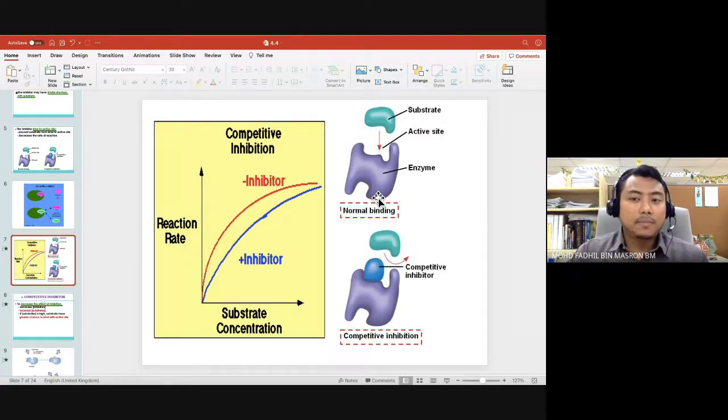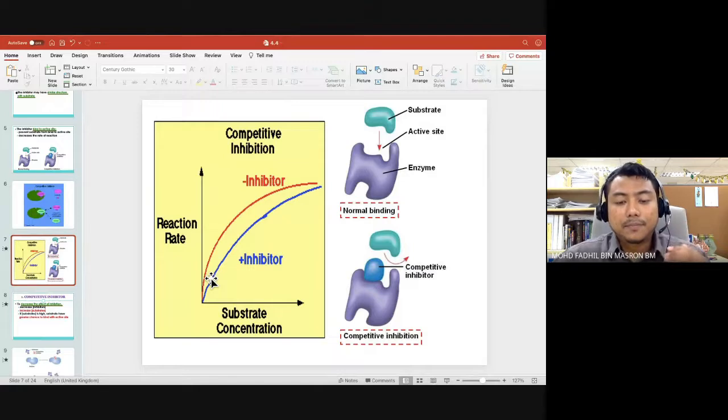Tetapi when I add 10 molecules of inhibitor, enzim ni bila dia bind, mungkin dia akan bind 50-50 chance antara substrate dengan inhibitor tu tadi, sebab ada jumlah yang sama kan. So pendek ceritanya, ada masa enzim tu sedang bind dengan inhibitor, substrate tak boleh nak bind. So sebab tu rate of reactionnya slow. Sepatutnya dalam 1 jam hasil 10 produk, tapi 1 jam hanya hasil maybe 5 produk sahaja. Itu contohnya dekat sini lah.